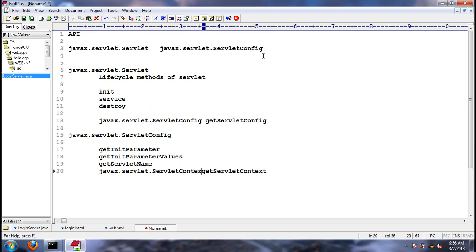So what does the ServletConfig interface mean? The ServletConfig interface represents something which is specific to the servlet. ServletConfig is a unique representation of a servlet.